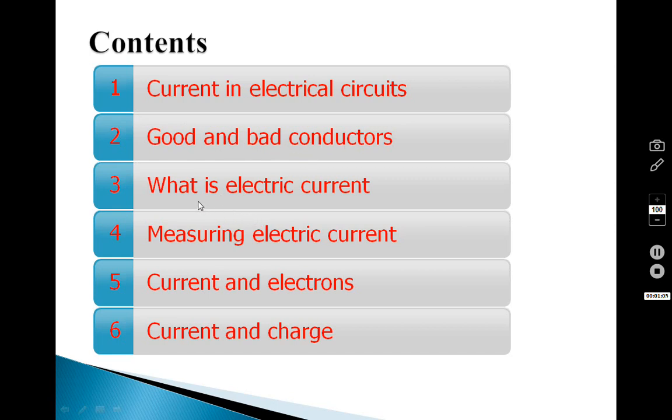Then we will move to what electrical current is, measuring electrical current and electrons, and finally current and charge. Some of them are subtopics, not main topics.